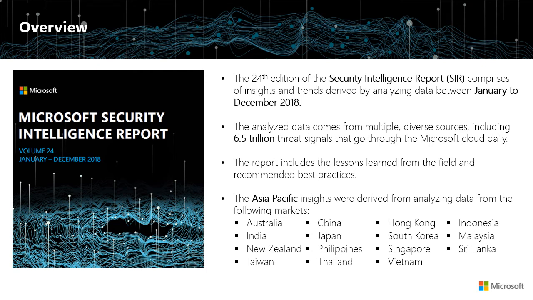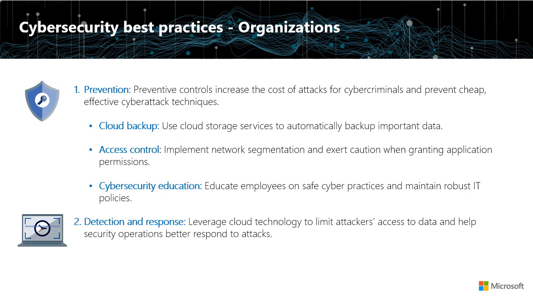But anyway, this report analyzes data that comes from diverse sources, including 6.5 trillion threat signals that go through Microsoft daily. It includes findings and insights about what we've learned from the field and what the recommended best practices are as far as security is concerned. And it also covers Asia Pacific insights of all of these countries, including that of the Philippines.